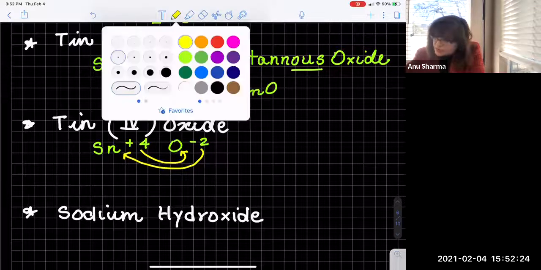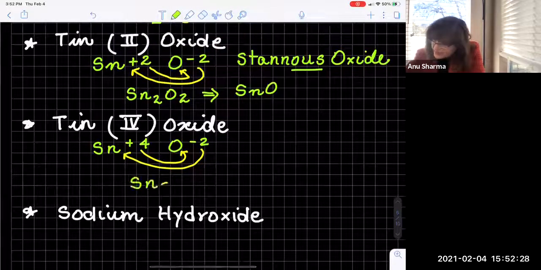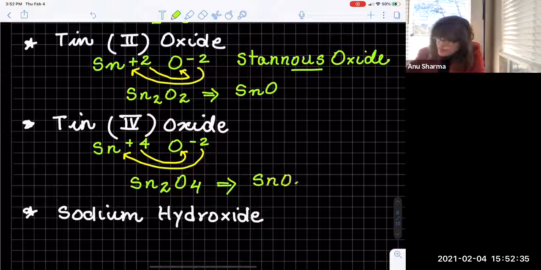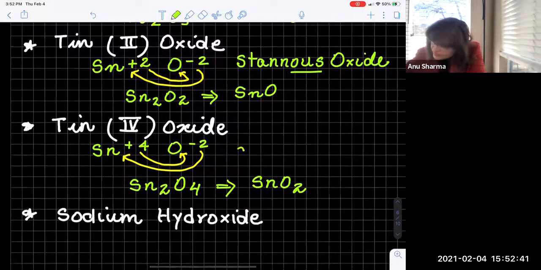They're just switching places. So now you will have Sn2O4. This can be simplified, so it becomes SnO2, right? And SnO2 means that it is stannic, higher oxidation state, oxide.